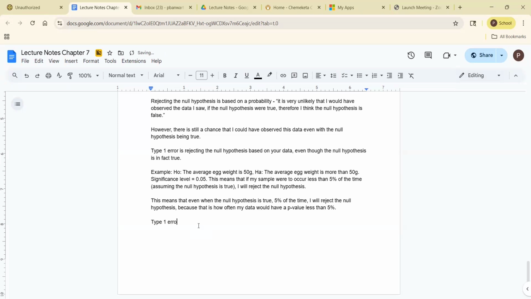Type 1 error would come about if I randomly got an extreme sample from the 50-gram distribution and rejected the null hypothesis because of that. The probability of type 1 error is exactly equal to the significance level.